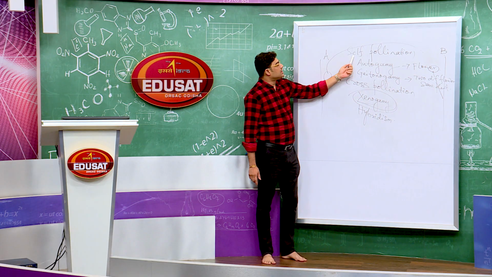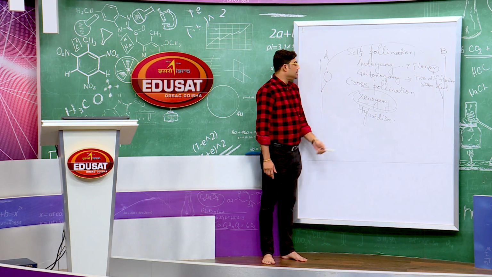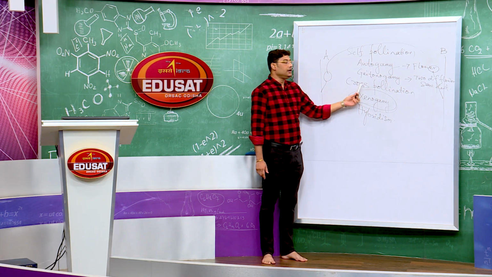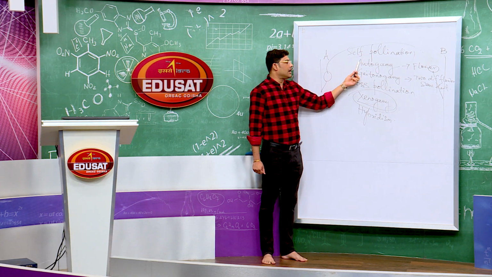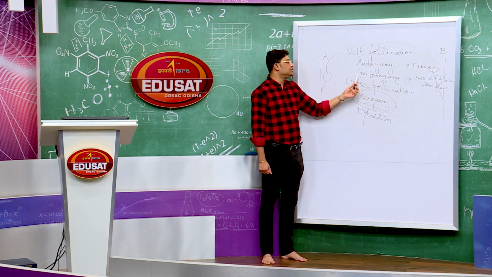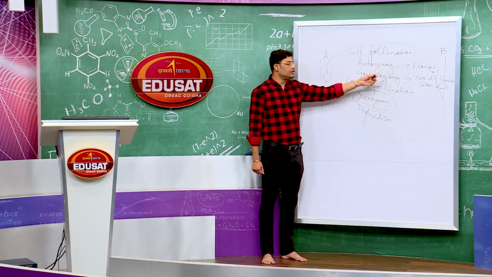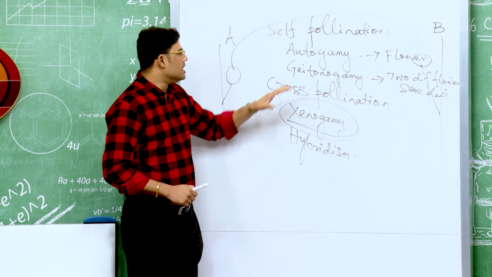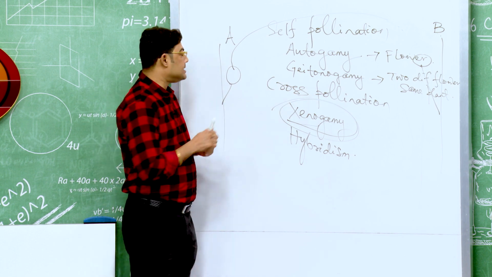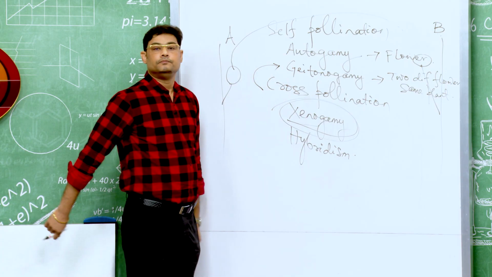Ultimately we have two types of pollination, one is self pollination, the other one is called cross pollination. Then in self pollination, one is autogamy, that is within the same flower, and geitonogamy, two different flowers but born on the same plant. Now some of the authors consider geitonogamy as a type of cross pollination.